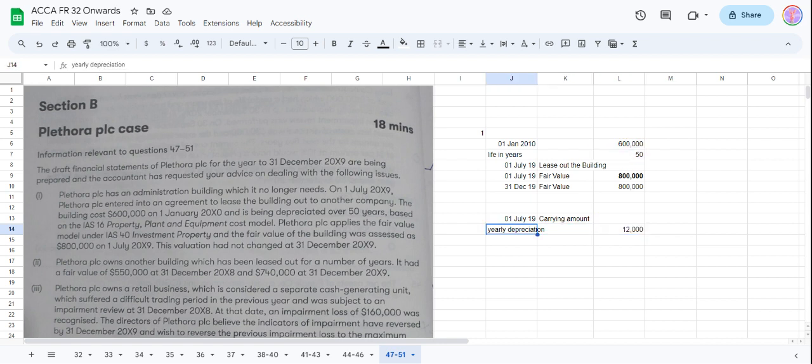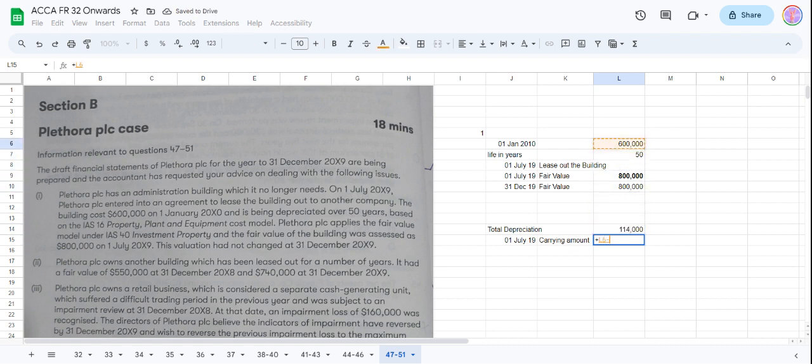From year 10 to 19, this is 9 years and 6 months, so we can multiply it by 9.5 years. 114,000 will be the total depreciation, right? We divided 600,000 by 50 and multiplied by 9.5, because from 1st January 10 to 1st July 19 it is 9.5 years.